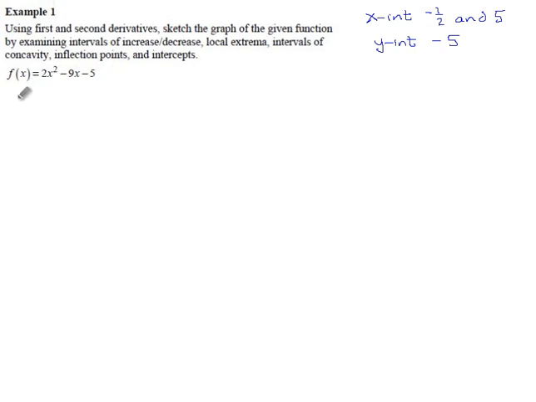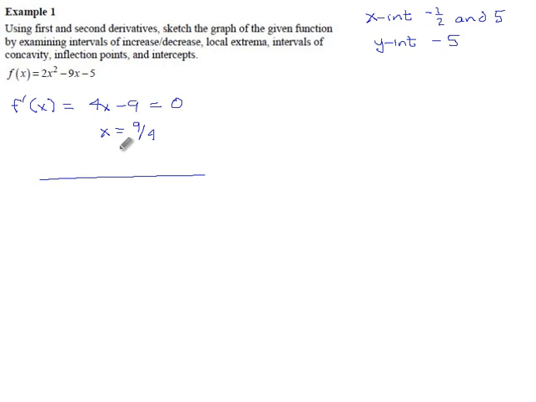Okay, so let's get a derivative. We'll start with the first derivative, of course, and see what that can tell us. Our first derivative, I'll use primes for this one, is 4x minus 9. And if we look for critical values of that, it's defined everywhere, but it's 0 when x equals 9/4, or 2.25.